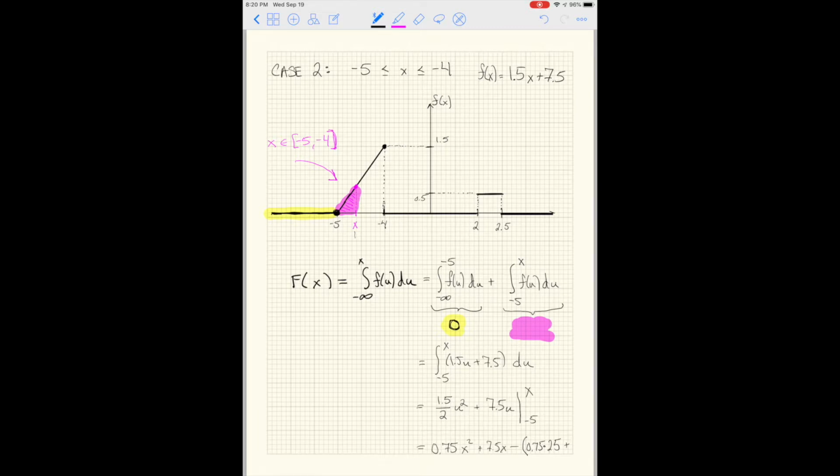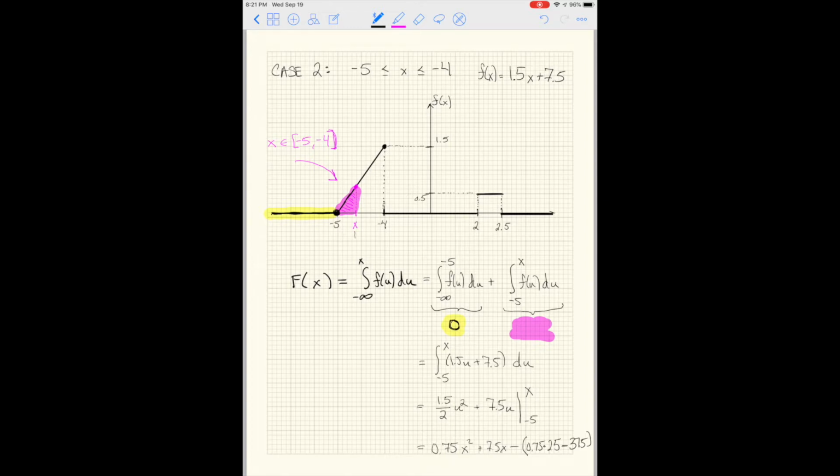Well, 7.5 times -5 is going to give us a minus, and if we think about that, 5 times 7 is 35, and then half of 5 is 2.5, so I guess that gives us 37.5 if I did my math right.